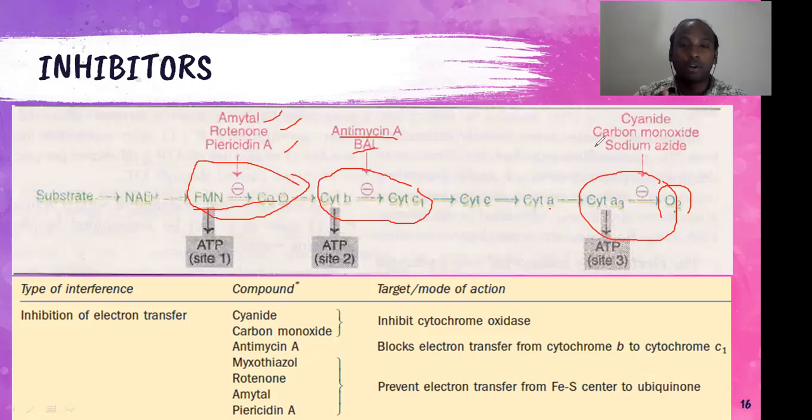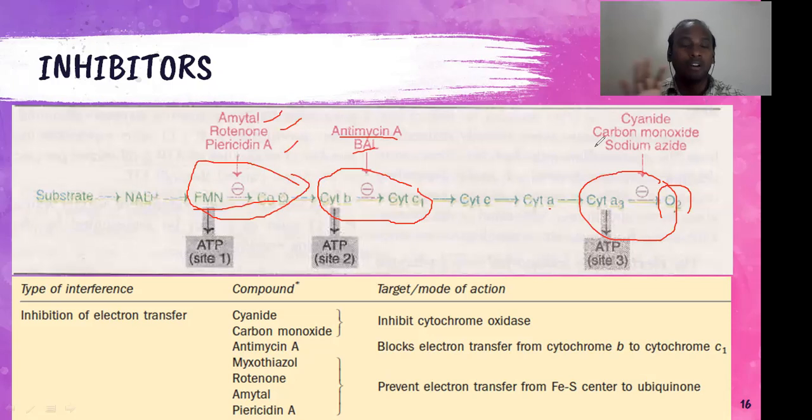Here the important thing is we should understand cyanide poisoning. Even a very minute amount of cyanide is sufficient to block the electron transport chain, and because of this blocking there is no production of ATP, so there is no activity in the cell, and completely the cell will die. So cyanide, carbon monoxide, and sodium azide work on complex 4.